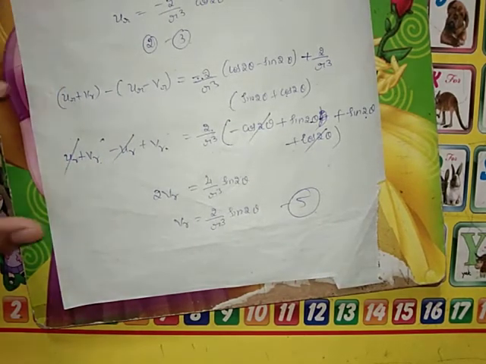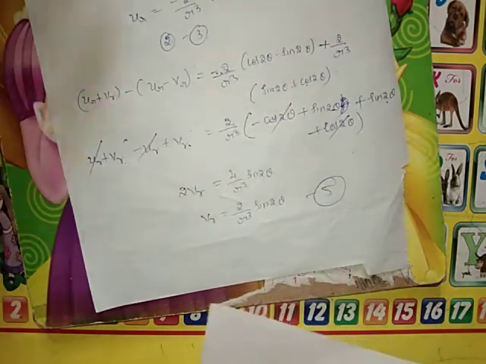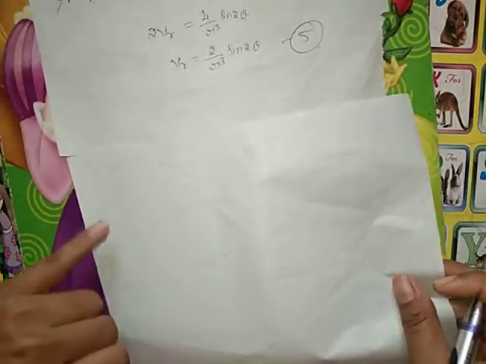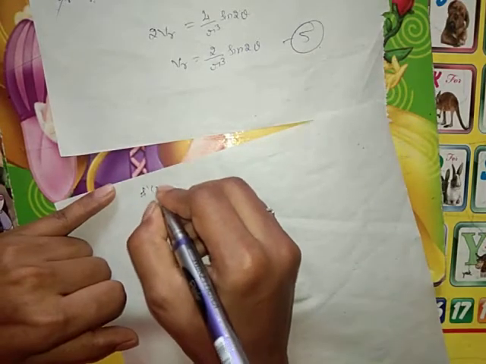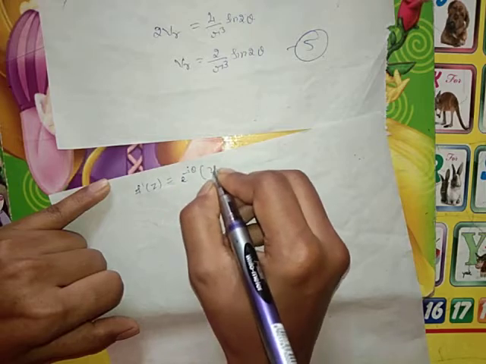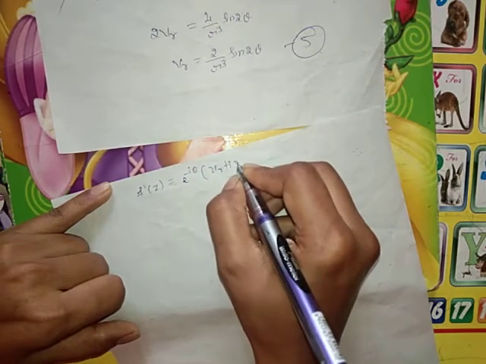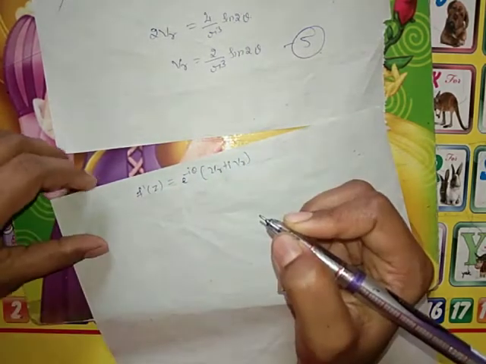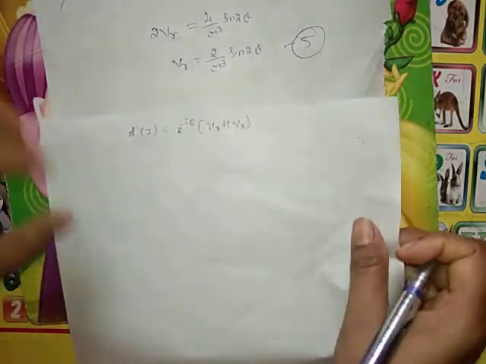Now I am going to use the derivative of the analytic function in the polar form. In the polar form, f dash of z equal to e raised to minus I theta into ur plus I vr. So substitute both ur and vr here.